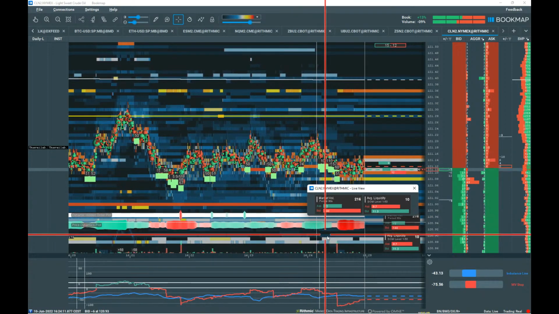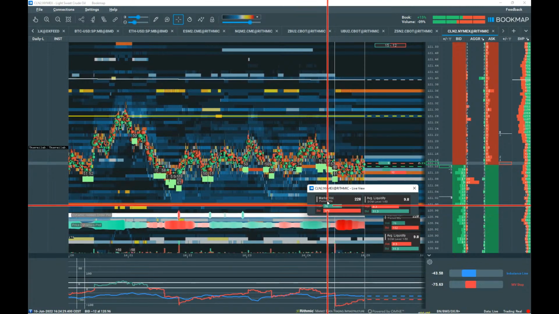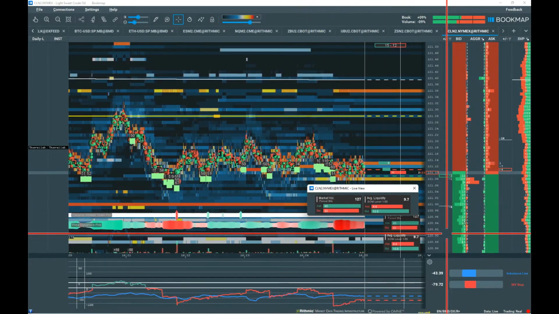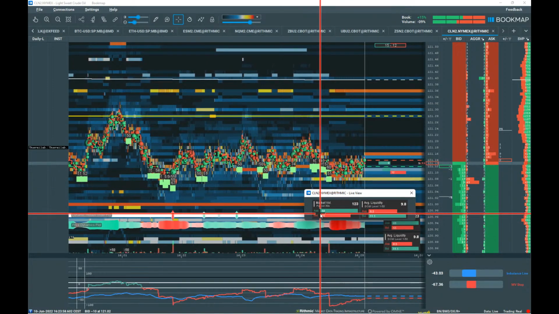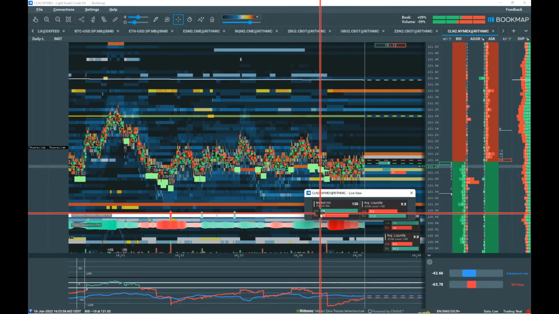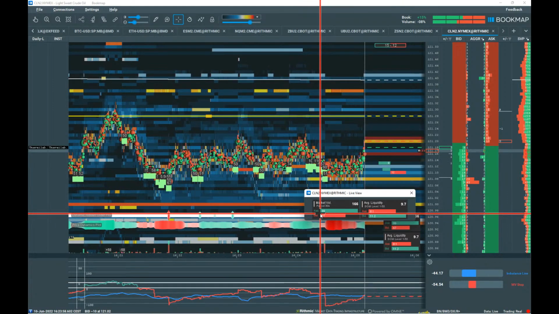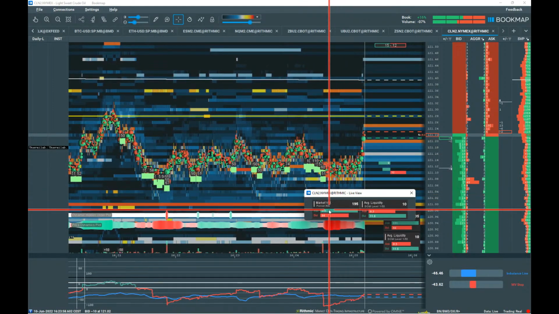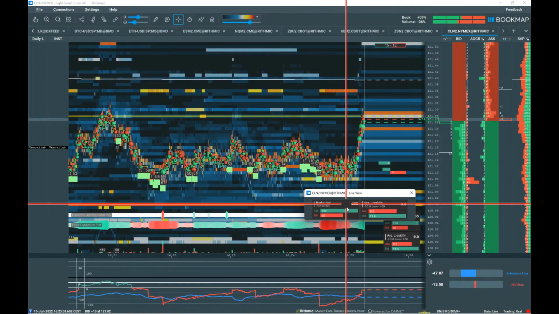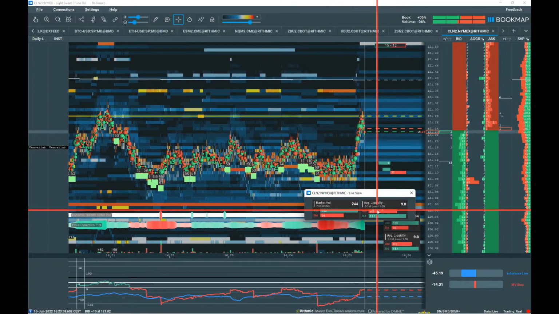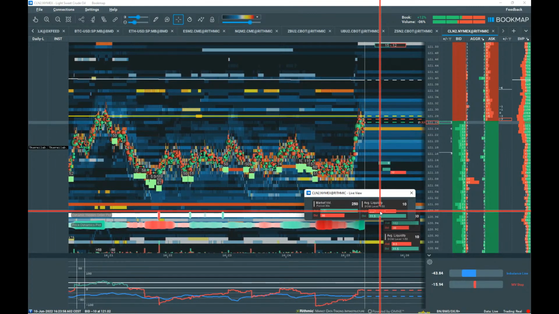I'm exaggerating that a little bit, just for demonstration purposes, to show you what's in it for you when you are looking a little differently at the liquidity and market volume here. You see how that changes very fast. Now buyers stepped in very fast and are buying everything from ask here.